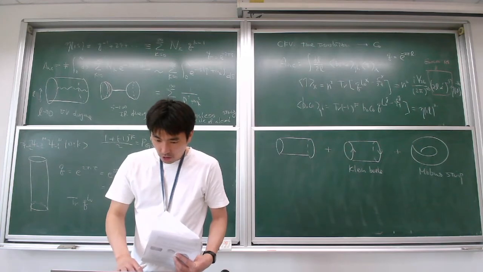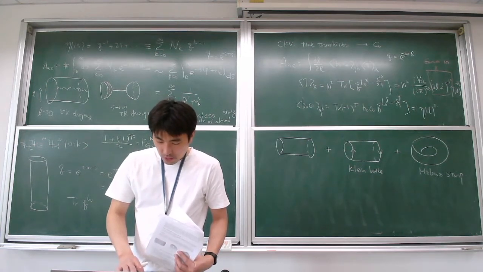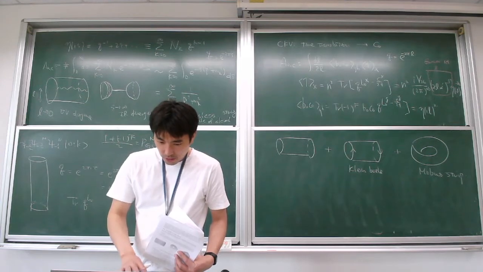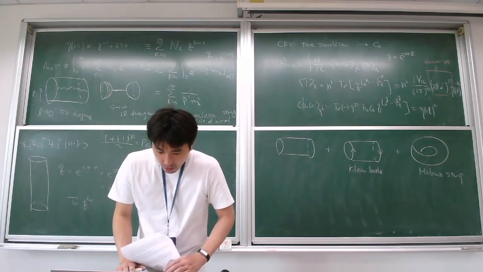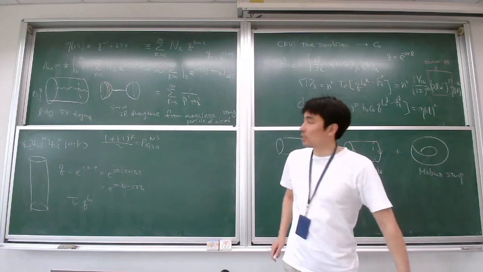So we're going to talk about the Klein bottle and Möbius strip to cancel divergence.